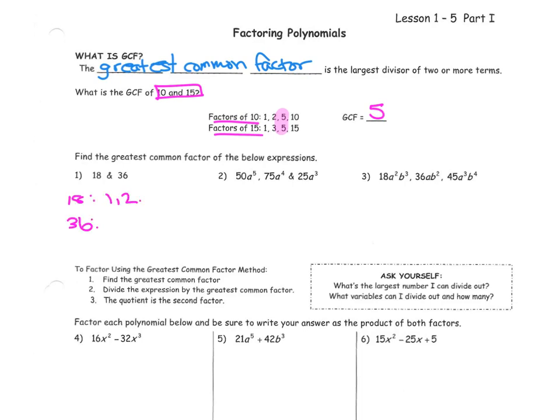So we have 1, 2, 3, 6, 9, 18. Again, I'm going through this kind of quickly because this is all things that you should know already. And 18, 36. Okay, so you can write them all out unless you already know it off the top of your head, but you can see here that the number they share in common is 18. So the GCF here is actually 18.